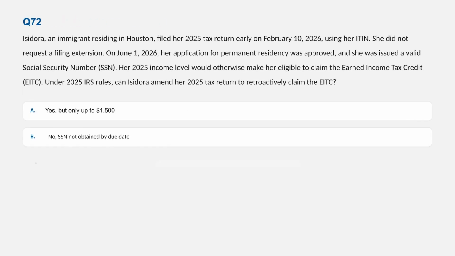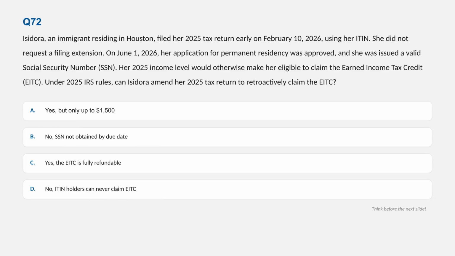Alright, let's move to question 72. Isidora, an immigrant residing in Houston, filed her 2025 tax return early on February 10th, 2026, using her ITIN. She did not request a filing extension. On June 1st, 2026, her application for permanent residency was approved and she was issued a valid Social Security number, SSN.